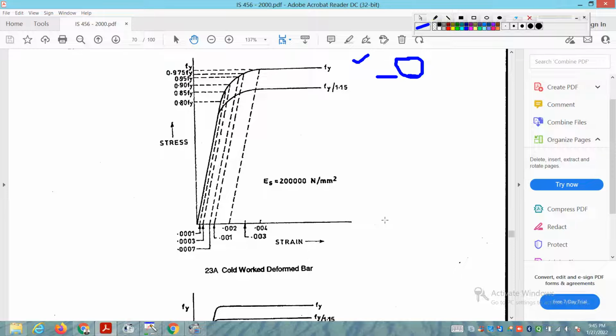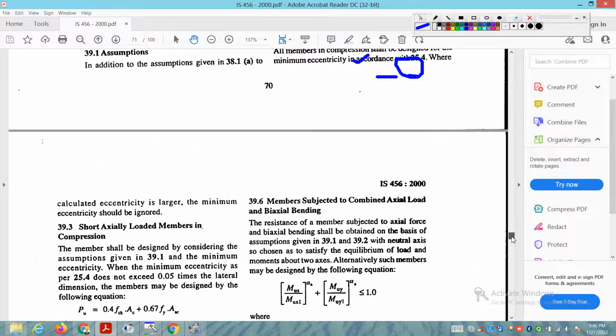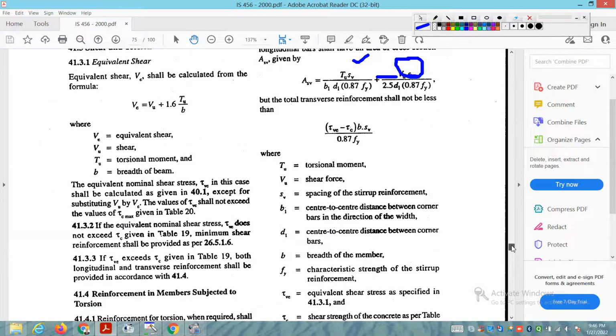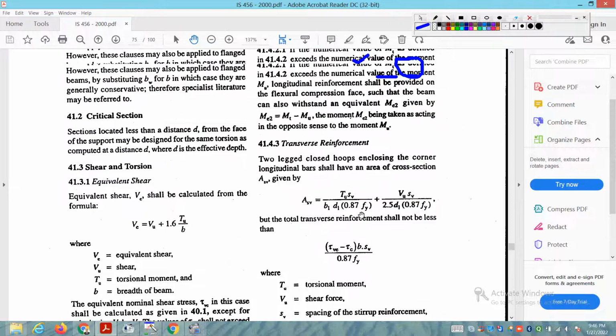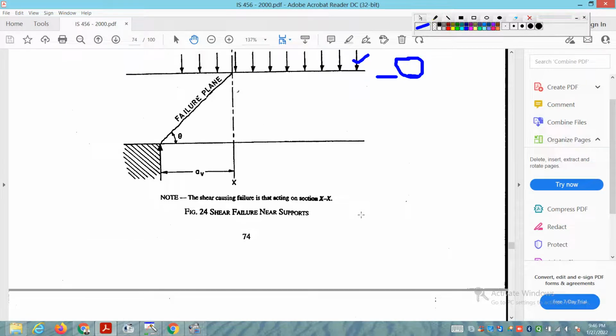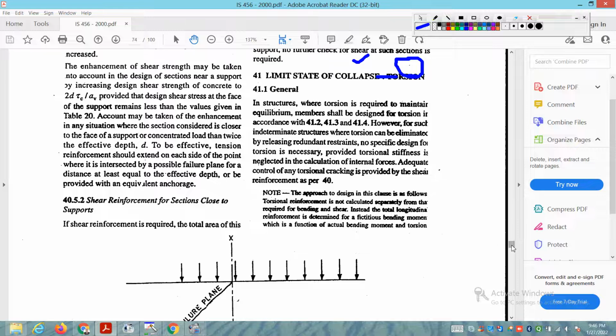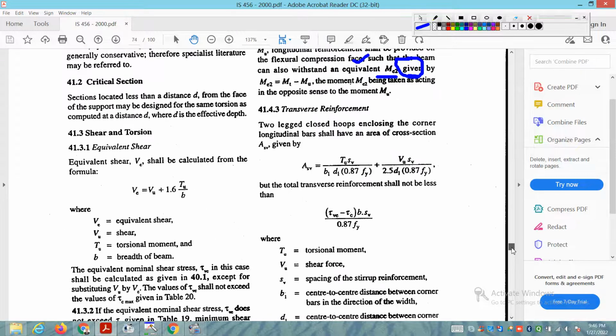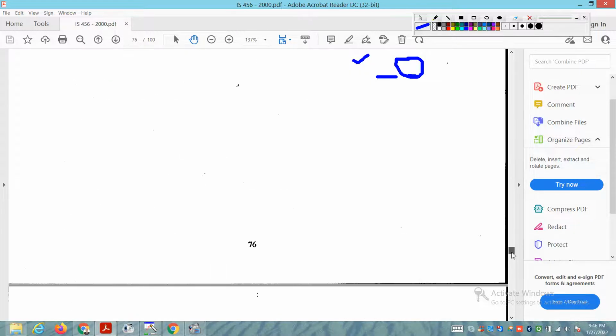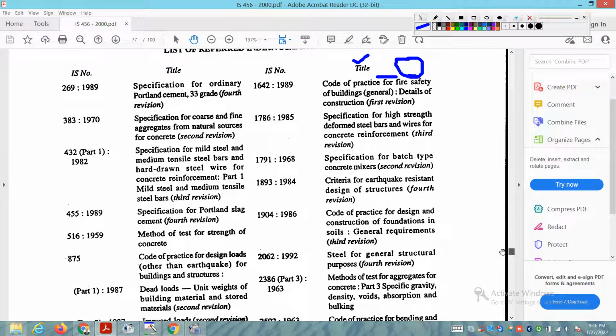See this, cold worked deformed bar, stress strain relationship. Graphs are also given. See, this is also one more important table. These are the annexures, right?